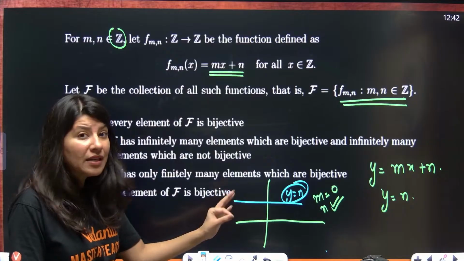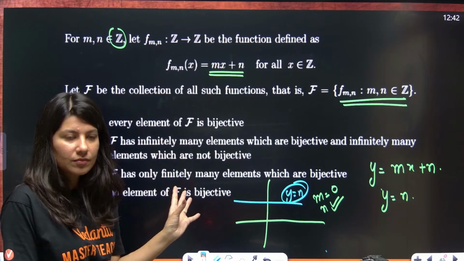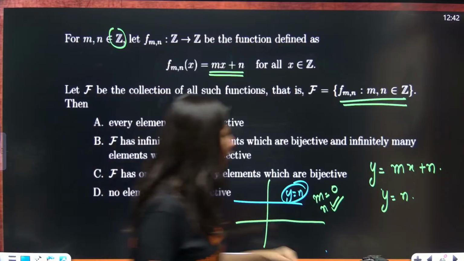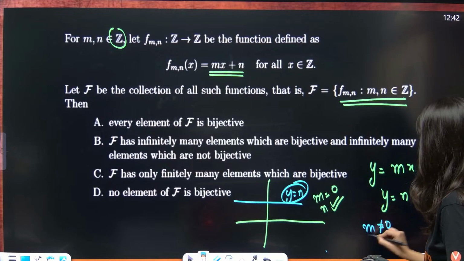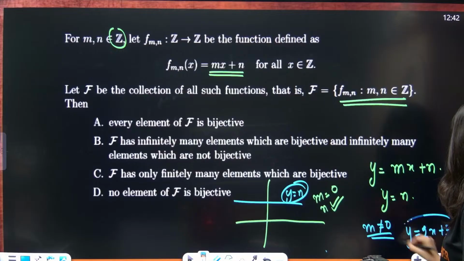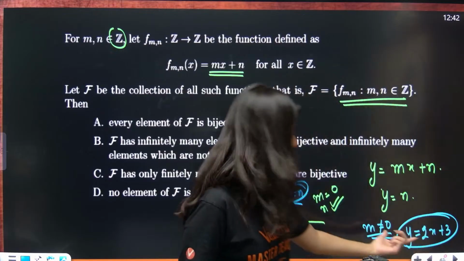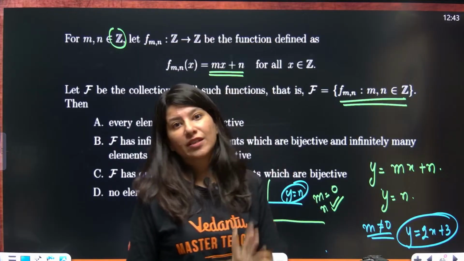So how many non-bijective functions will exist? Infinite. Now if m is not equal to 0, there will be y equal to, suppose, 2x plus 3. There will be infinite functions of this sort. This is a straight line, and this type of function is bijective.